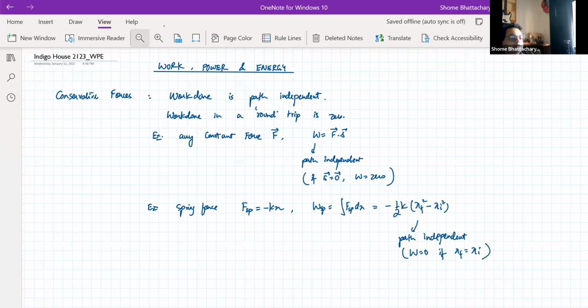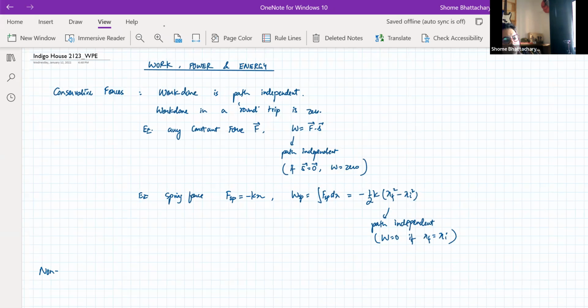Okay, now non-conservative force. The work done is path dependent. And by definition, work done is non-zero in a round trip.